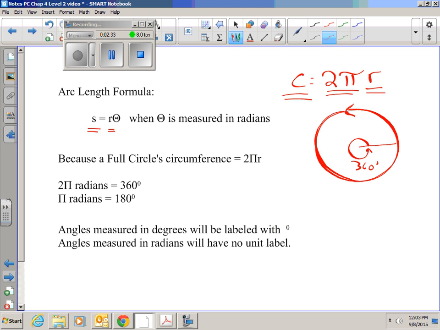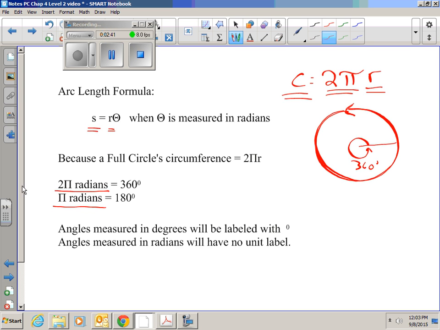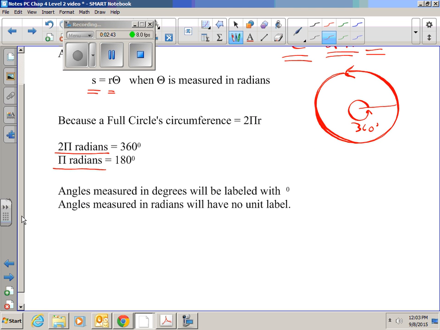So 2 pi is equal to 360, and pi is equal to 180. When you are measuring an angle in degrees, we put the little degree symbol there, the little circle. Angles measured in radians will just be the number without a label, which sometimes could be confusing.